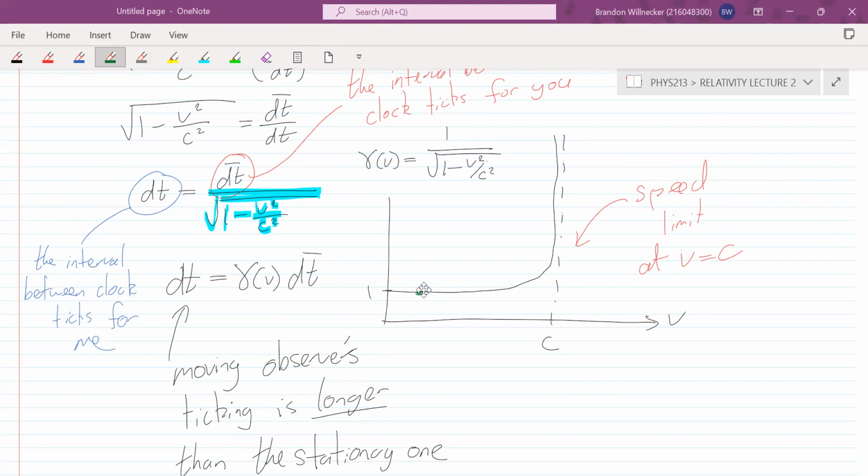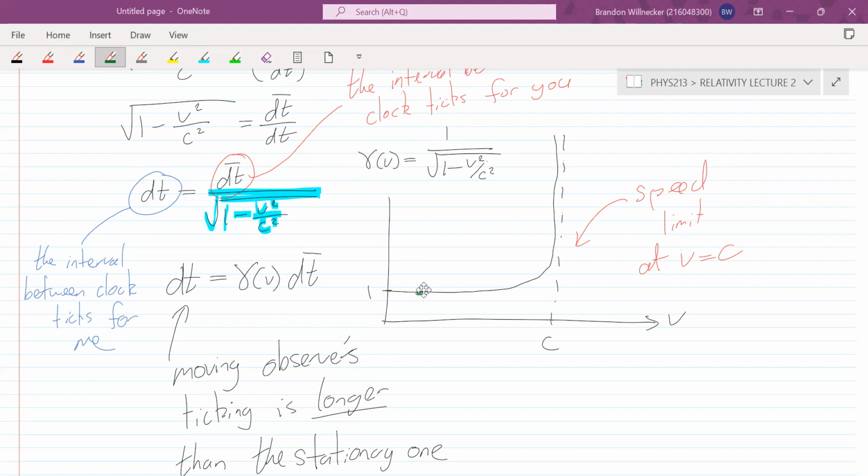So if you're walking past me, I'm not going to see that your clock is substantially slower than my clock. They're going to be pretty much equal. Very, very small correction because of the relative speed.